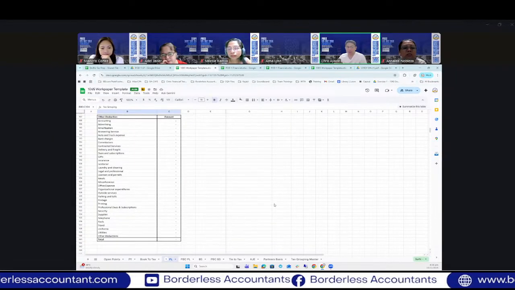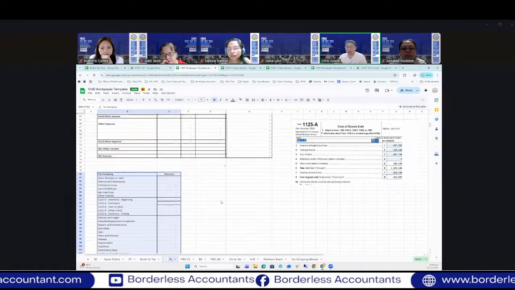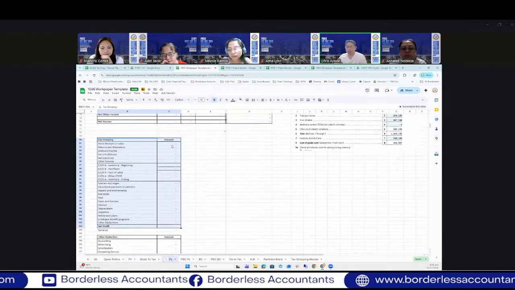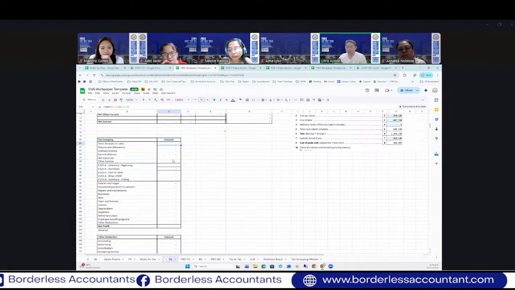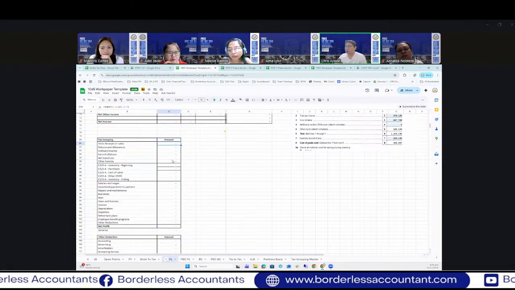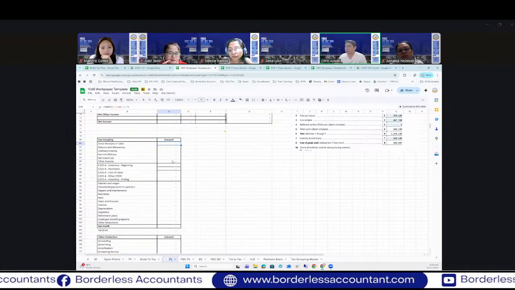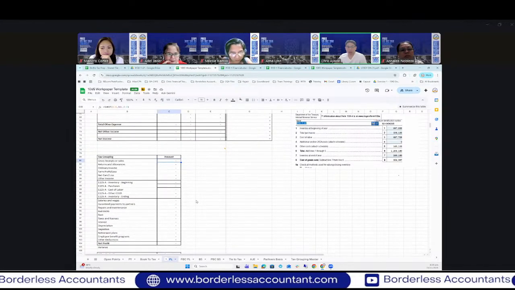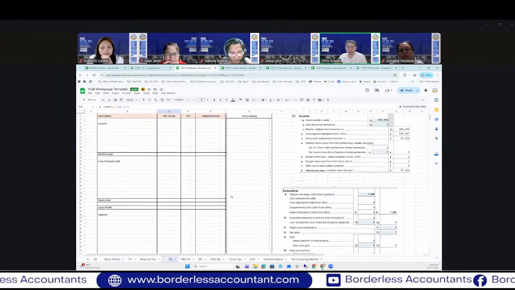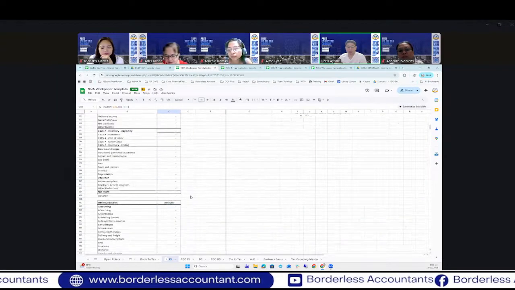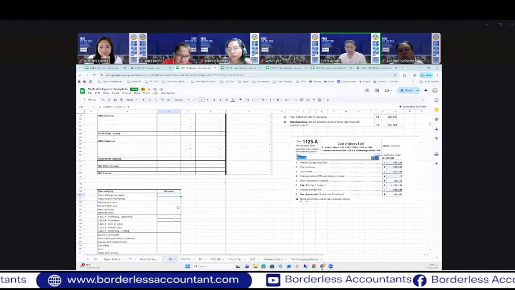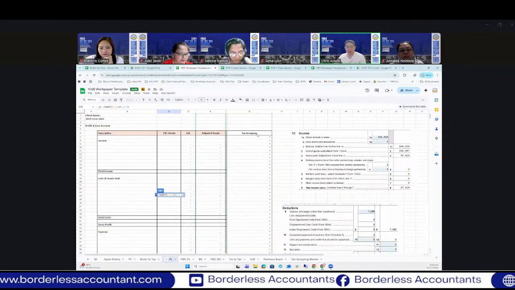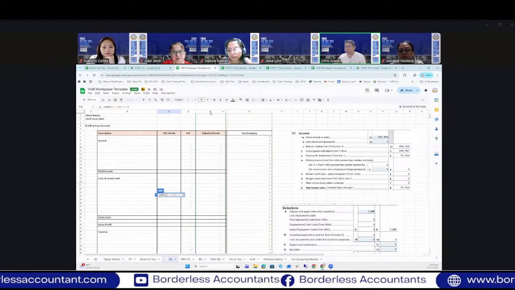Okay. And then ultimately, once you have this, all you've got to do is just copy paste whatever numbers are in here into your ProConnect software, right? Kasi nakasummarize na to eh. Nakasummarize na yung figure. These are using some IFS formula coming from this column, the adjusted books, right?